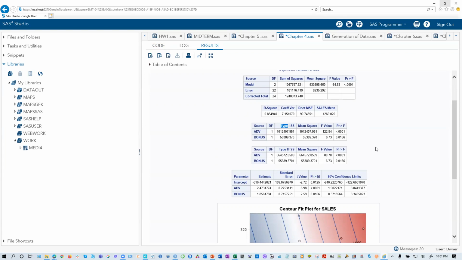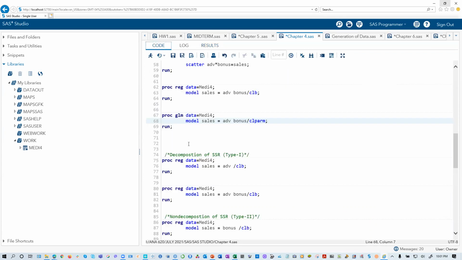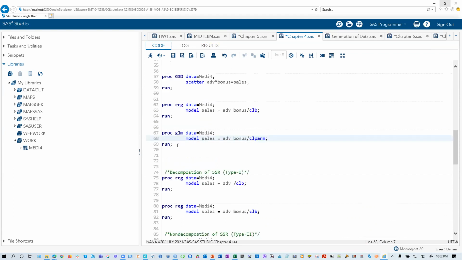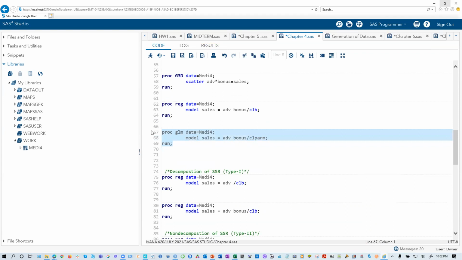Now you have to explain that if by accident you run this one, or somebody says, hey, run the GLM and give me the result. When I ran that one on my regression model, I got the information and explained everything.